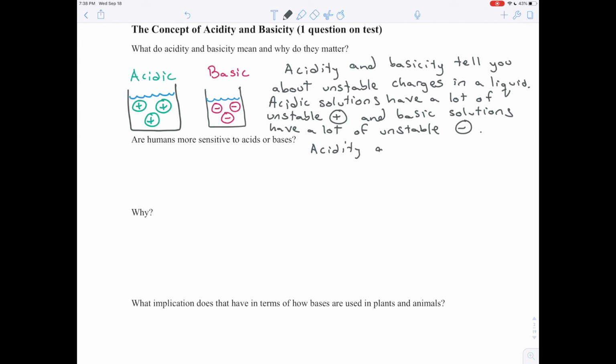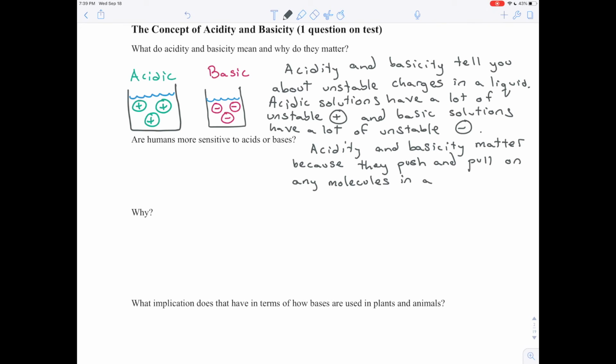Acidity and basicity matter because those liquids are using the charge in them to push and pull on any molecules in a liquid. The positive and negative charges, I should say.